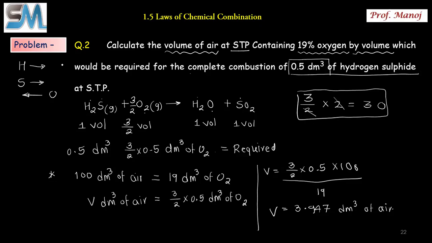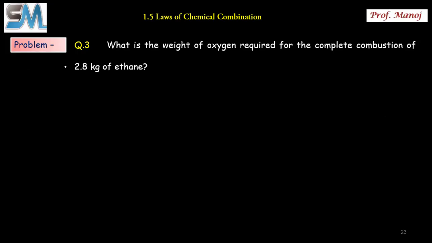If you are practicing this question, you must read this, practice it once again. This is a bit of a tricky question. Let us go ahead and do another type of question similar to combustion. What is the weight of oxygen required for complete combustion of 2.8 gram ethane?